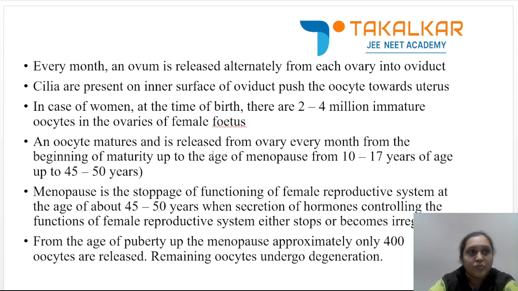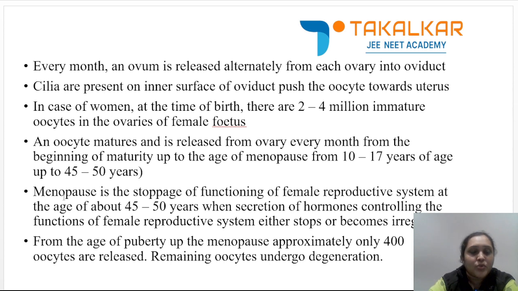So, what is the age of puberty? It is around 12 to 13 years. So, an oocyte matures and is released from the ovary every month from the beginning of maturity, which is called menarche, till the age of menopause, which is around 45 to 50 years.